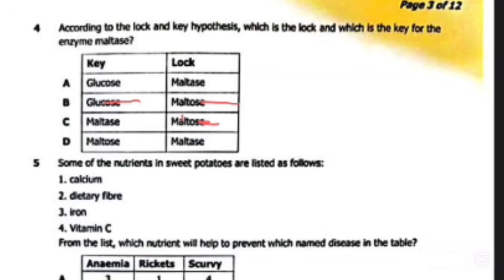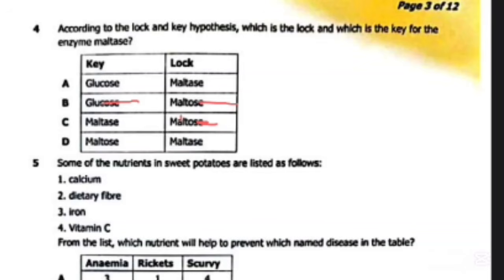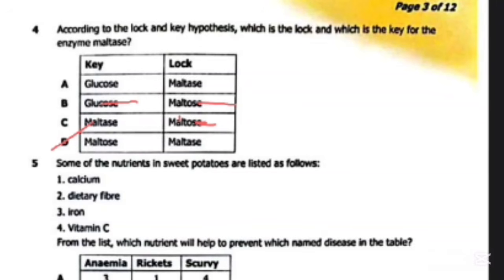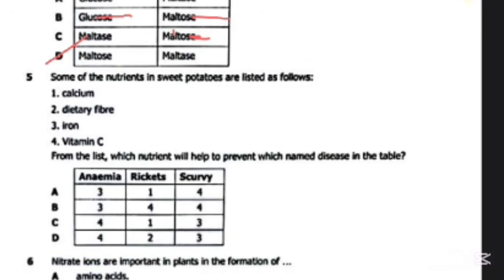Remember, I told you that the enzyme is the lock, not the substrate. So here they have swapped the two. So our final answer is D: maltose as our key, and maltase as our lock, which is the enzyme.